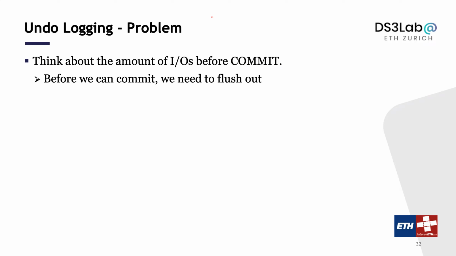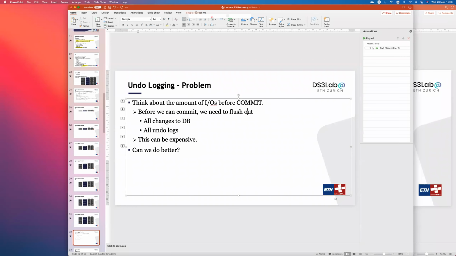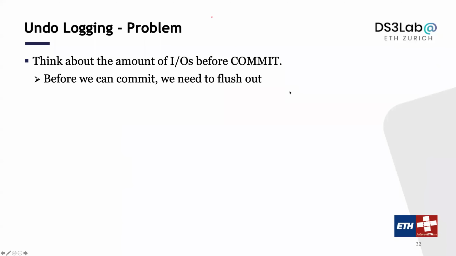Before we commit, what do we need to do? We need to flush two things. We need to flush all the changes to the database, because only after that can I write the commit record to my log, and only after that can I commit. I also need to flush out all my logs, because before I can do anything to my database, I need to flush the log.